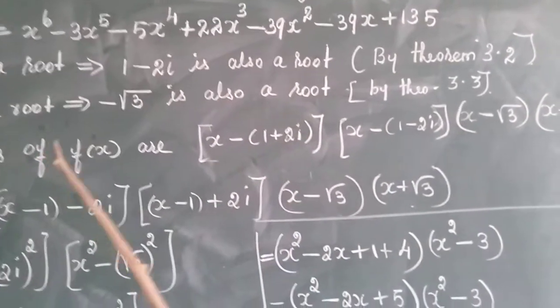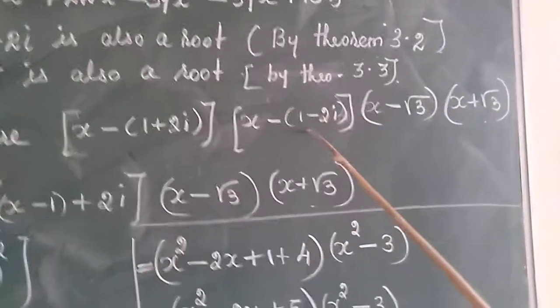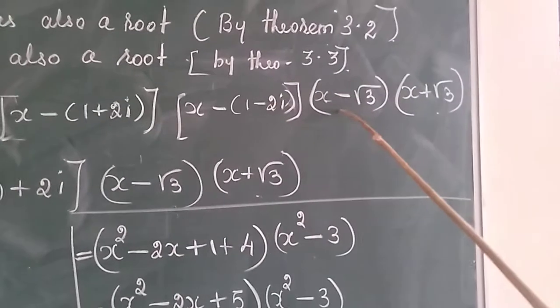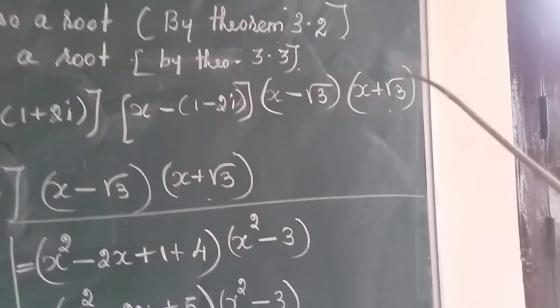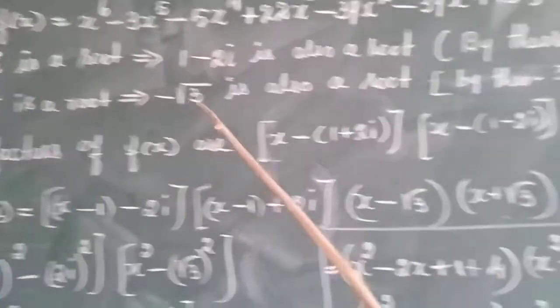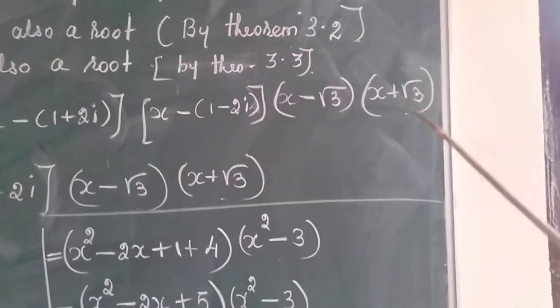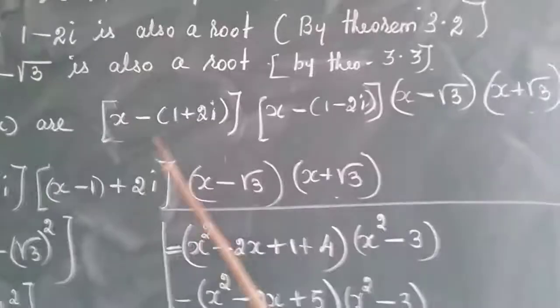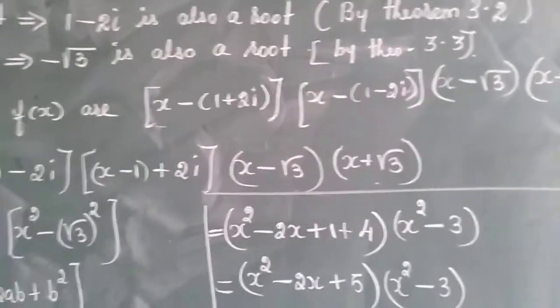If you bring to the left hand side, it will become x minus of 1 minus 2i. The same way, x minus root 3, and for minus root 3, we bring to the left hand side, it will become plus. That's why we got another factor, x plus root 3. So by using the 4 values, we got the 4 factors.